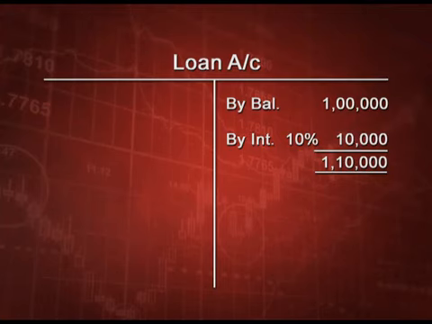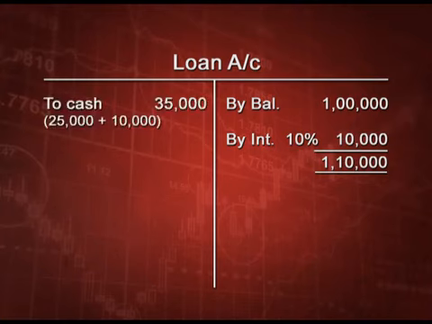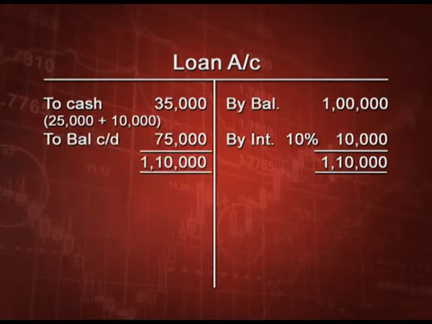Now, what is the installment? 1 lakh divided by 4, 25,000, with interest, that is 10,000. So, that makes it 25 plus 10, you will be paying 35,000 in the first installment, because interest has also to be paid. So, the remaining balance now is only 75,000.